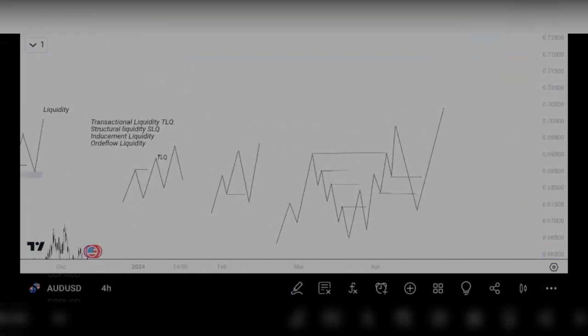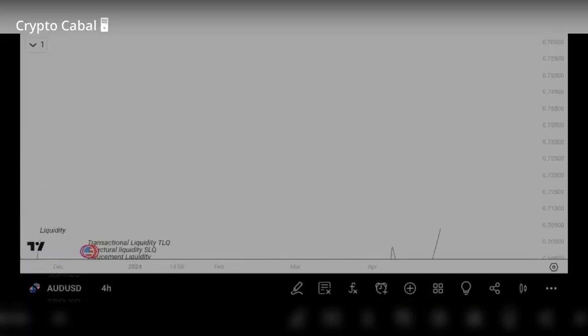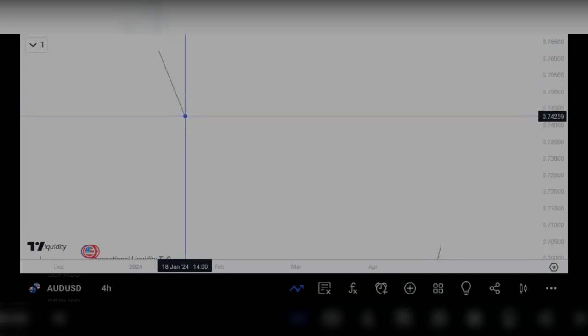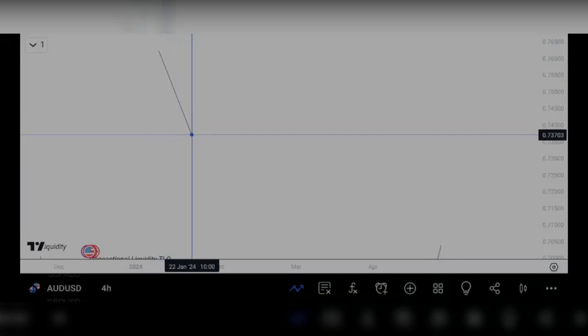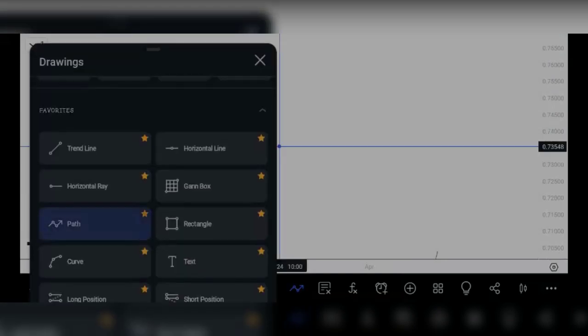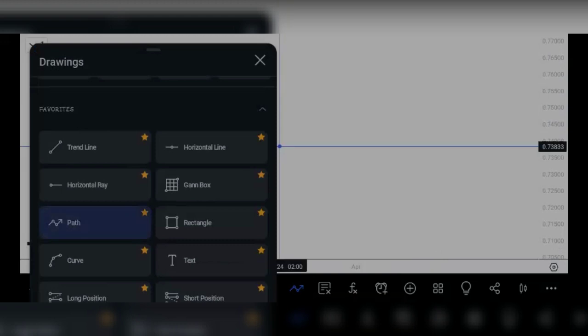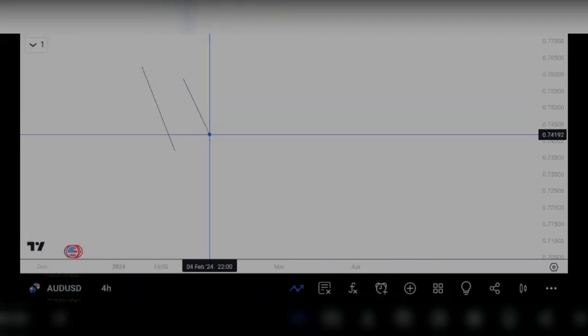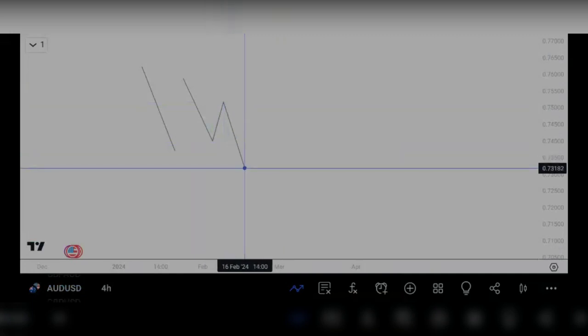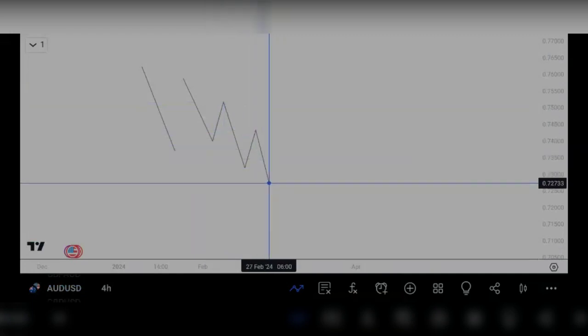Now, when we are talking about inducement liquidity, remember we have higher highs and higher lows, right? Now, when we are in a downtrend, we have lower high, lower low, something like this. Lower low, lower high, lower low, lower high, lower low.